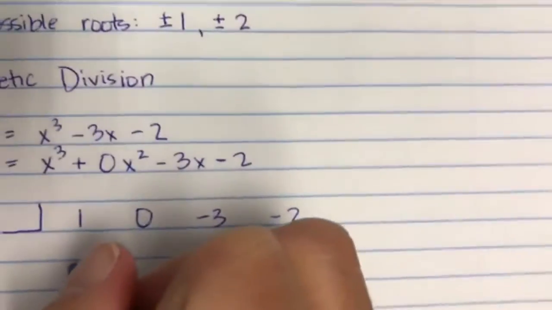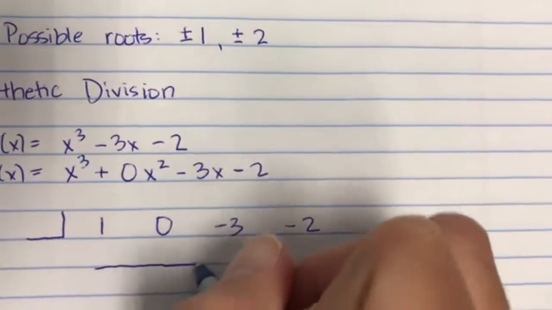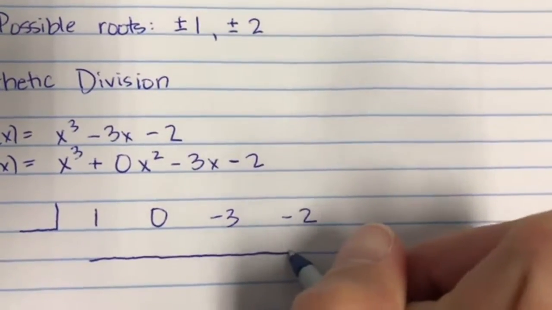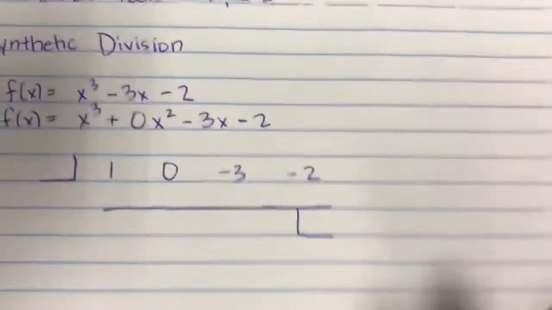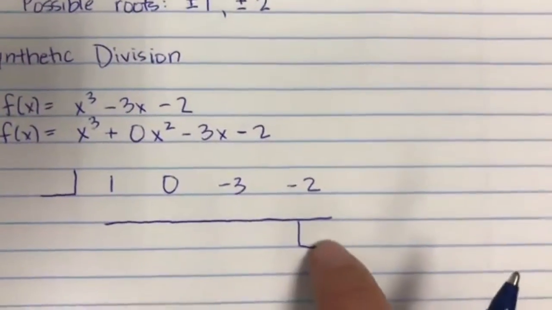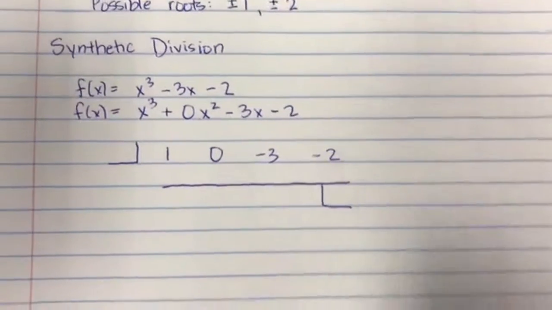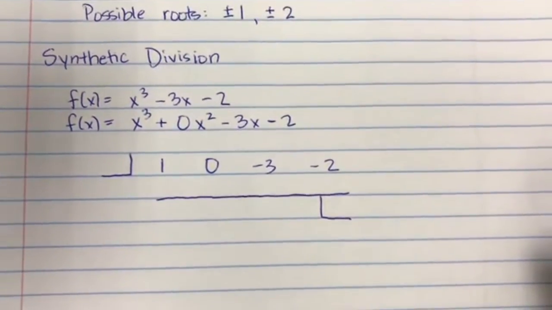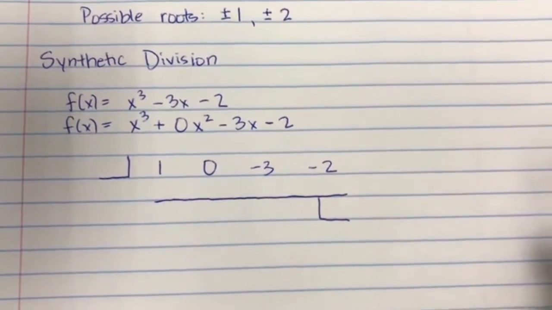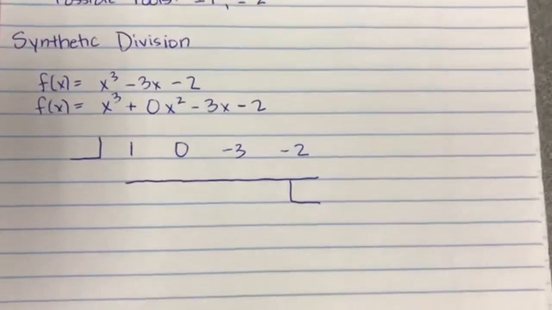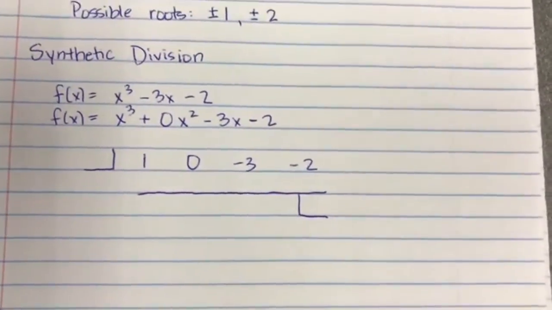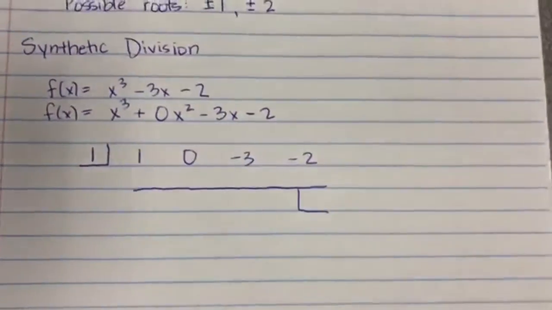And I'm going to carefully multiply and add, and I want this to be a 0. If this comes out a 0, remember, that means we found a good factor. So, let's test a number. We're going to test a number 1 and see what happens.